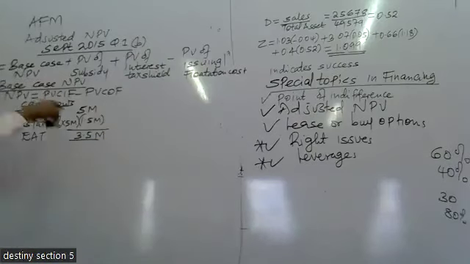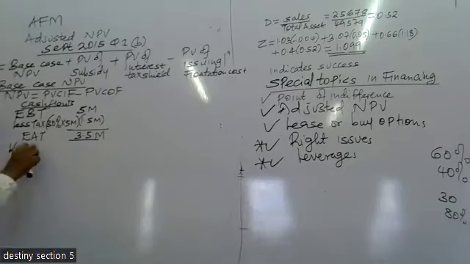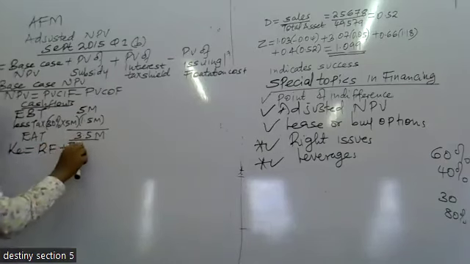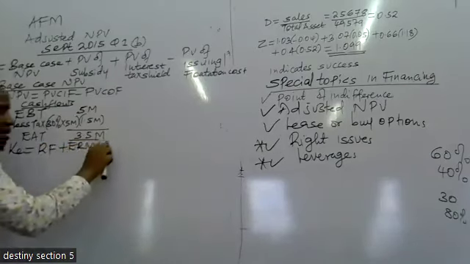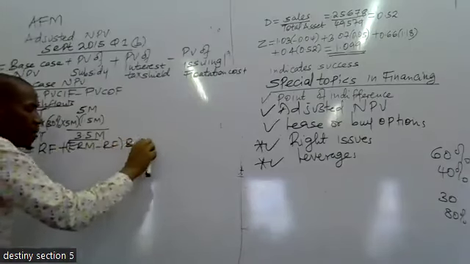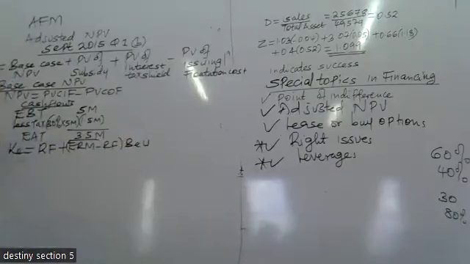Now, number 2, this one we have to discount them for us to get the present value cash inflow. We have to look for the discounting rate, which is the cost of equity. And we said we use CAPM, the risk-free rate, plus the expected return of the market minus the risk-free rate, multiplied by the beta, but this will be for unlevered.